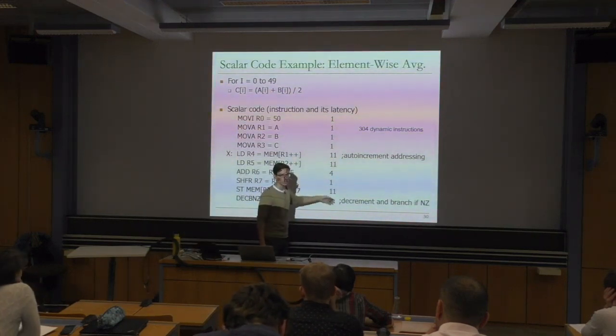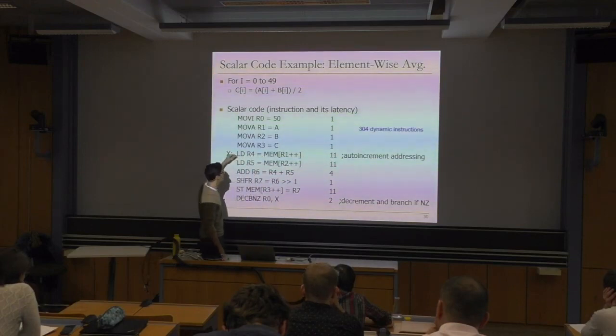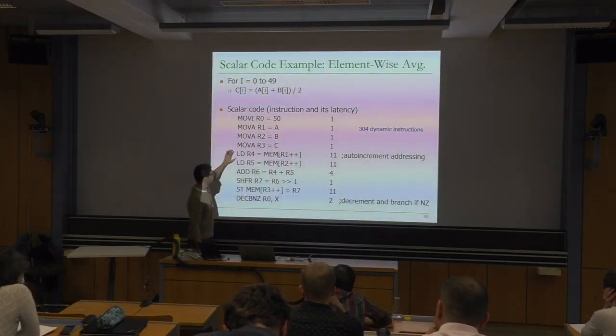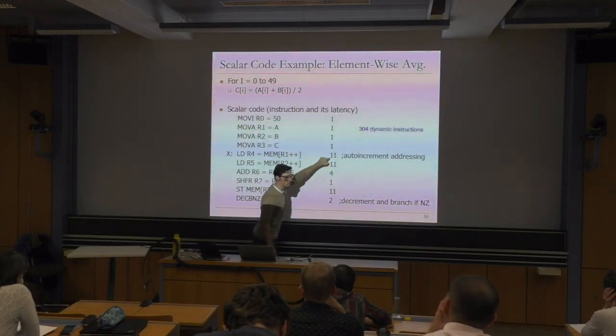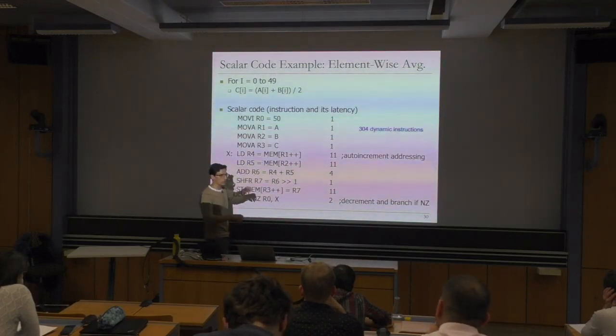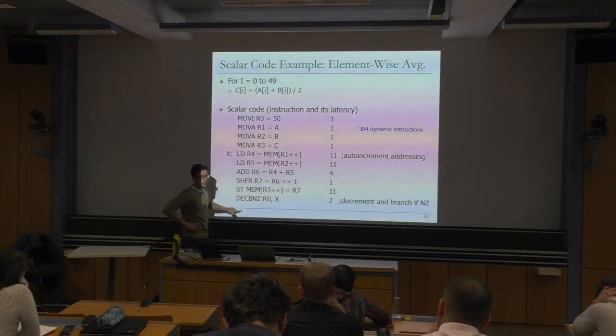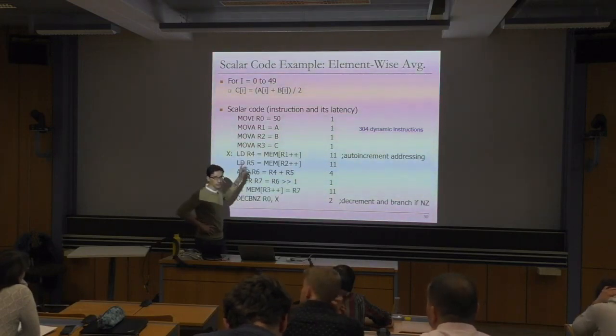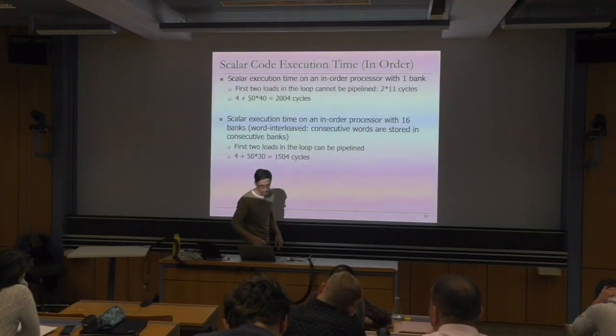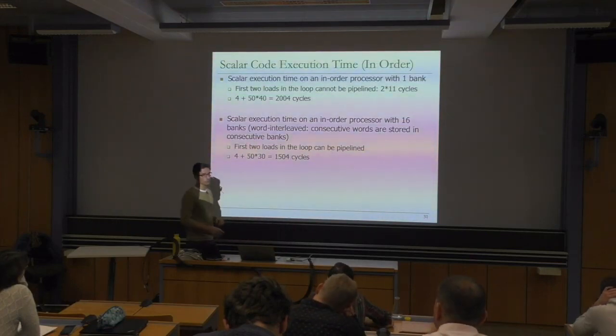I didn't mention that, but here in this column what we have is the latency of each of these individual instructions. So for example, load instructions take 11 cycles. So the calculation in the next slide is: I have 50 iterations, so this is 11 plus 11 plus 4 plus 1 plus 11 plus 2 as the number of cycles from a single iteration, then 50 of them, this is the total number of cycles here, 2004 cycles.